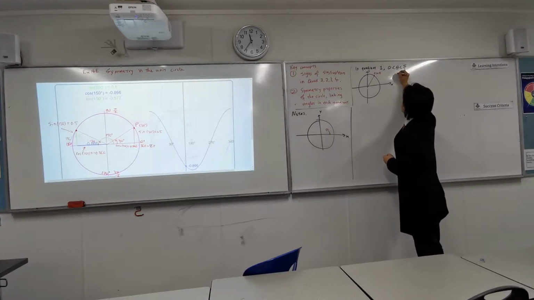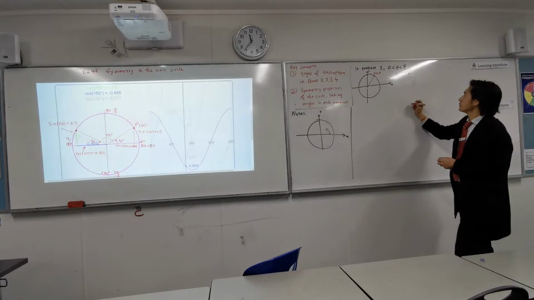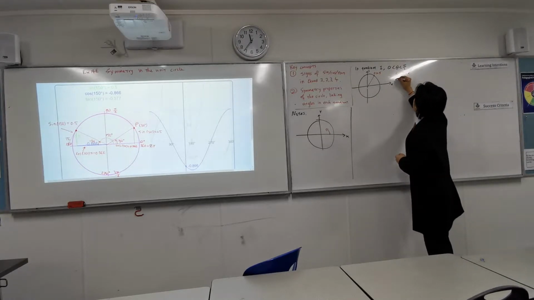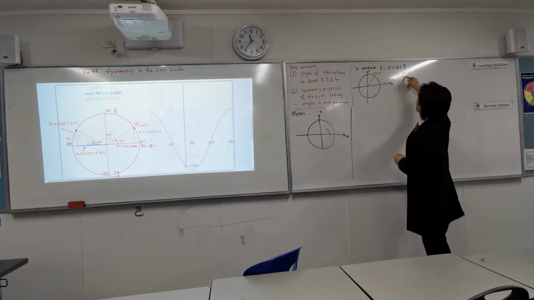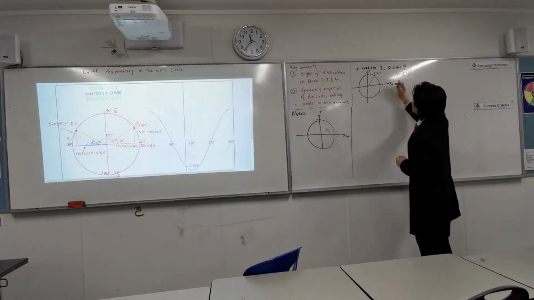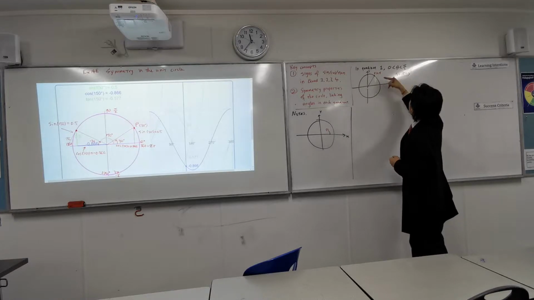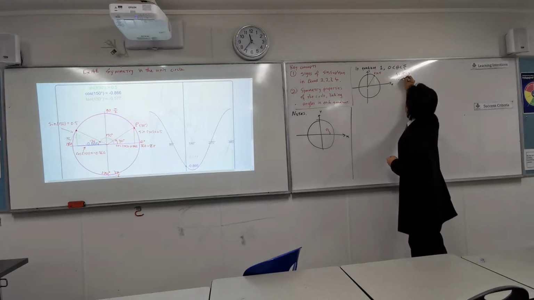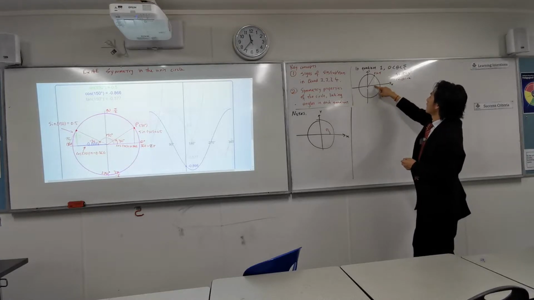In quadrant 1, sine of our angle is y, and cosine of our angle is x, other way around, my mistake. Sine is y because that's our vertical part up to the coordinate P, and cosine is x because that's the horizontal component, the x coordinate.